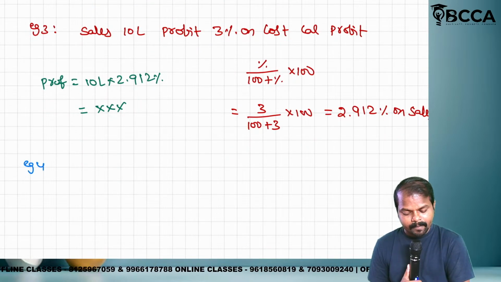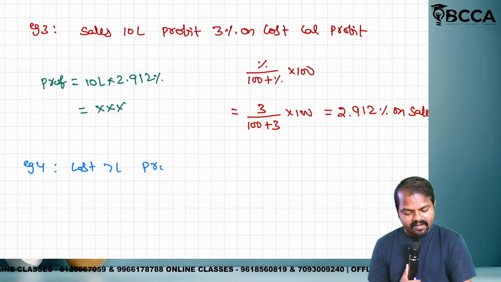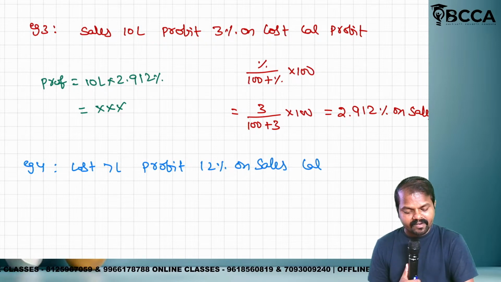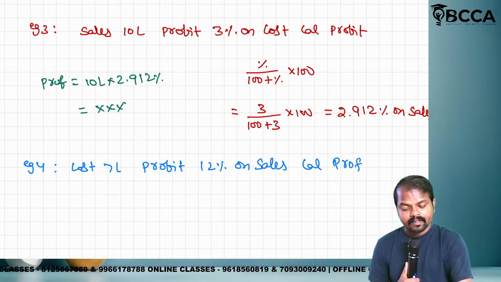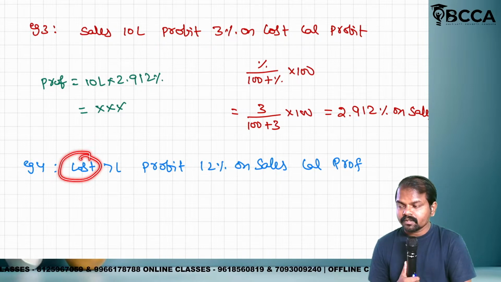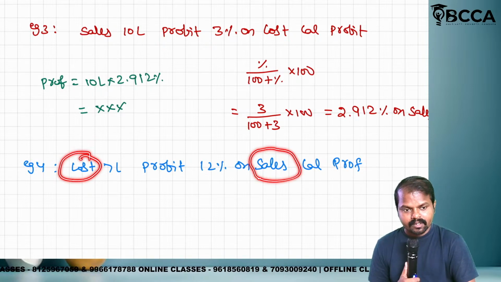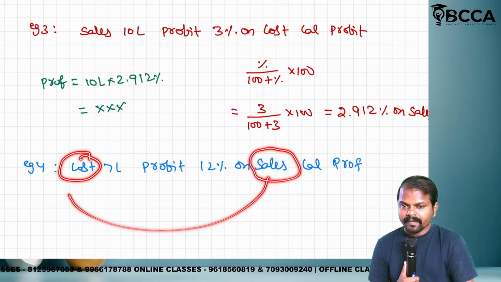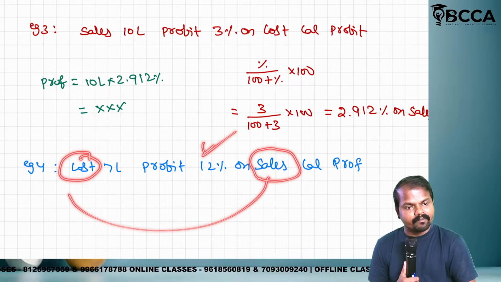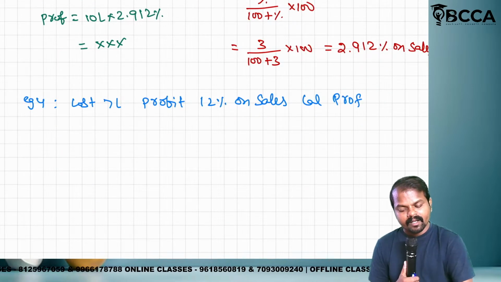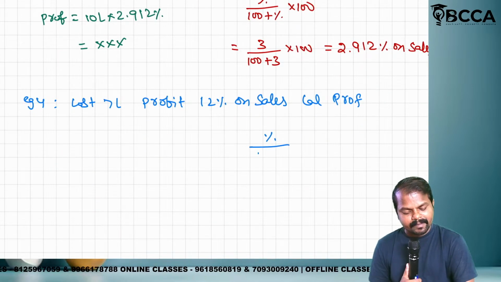Example number 4. Cost 7 lakh. Profit is equal to 12% on sales. Calculate profit, they are asking. What is the information? What is the percentage on? Matched? Not matched. Then we have to convert using this principle. How to convert? Percentage divided by 100 minus percentage, into 100.